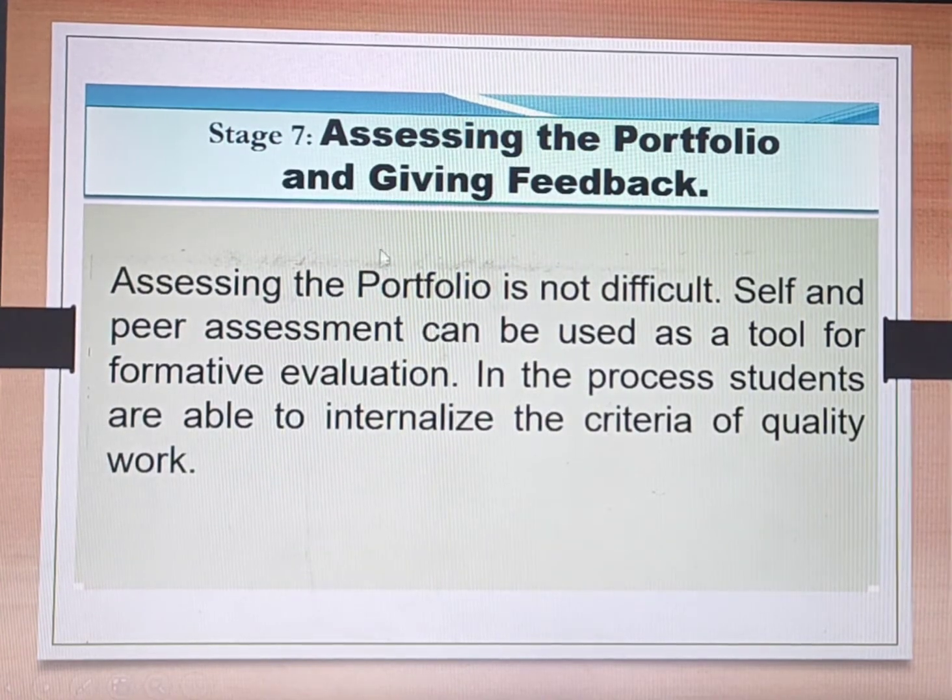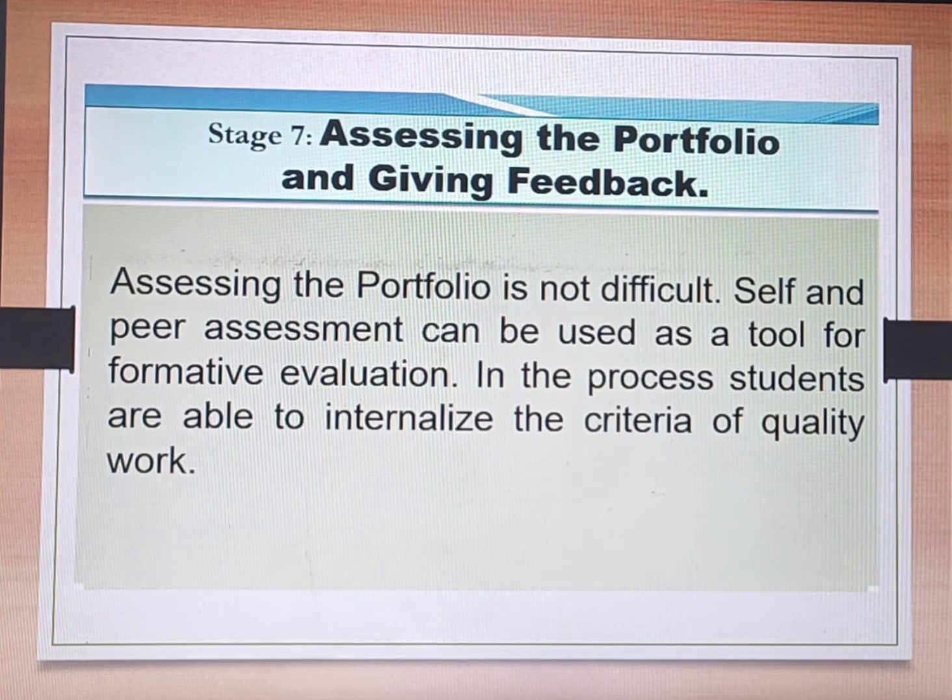For stage 7, we have assessing the portfolio and giving feedback. Assessing the portfolio is not difficult. Self and peer assessment can be used as a tool for formative evaluation. In the process, students are able to internalize the criteria of quality work.